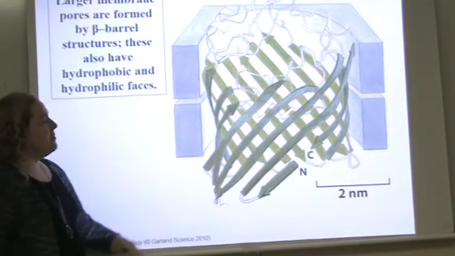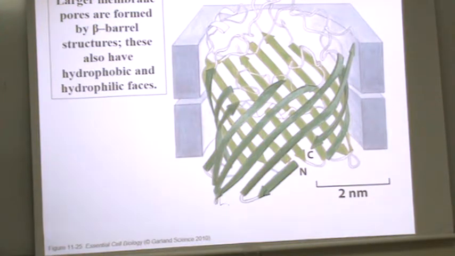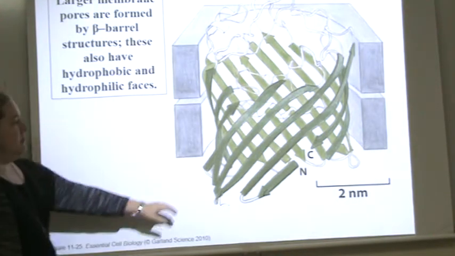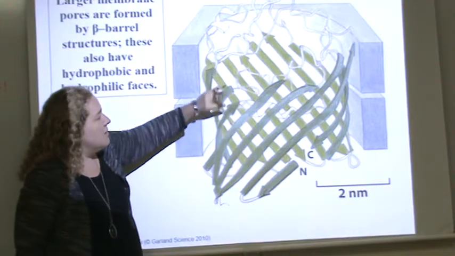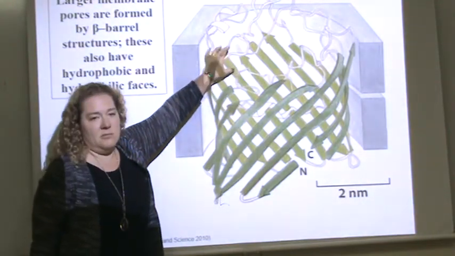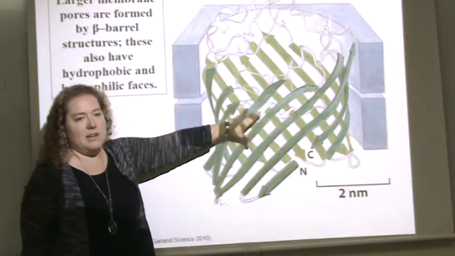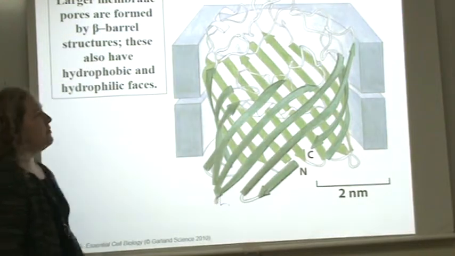What should be the chemical nature of the dark green side of that beta sheet? Hydrophobic. That should be hydrophobic because it's within the membrane. The light green side should be hydrophilic because that's lined with water. It's very cool.